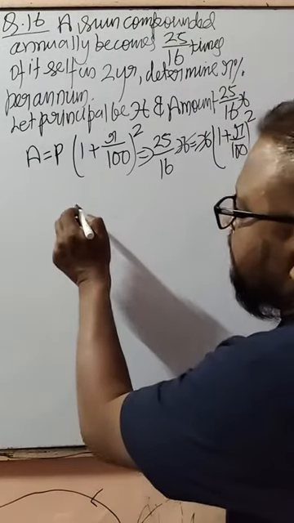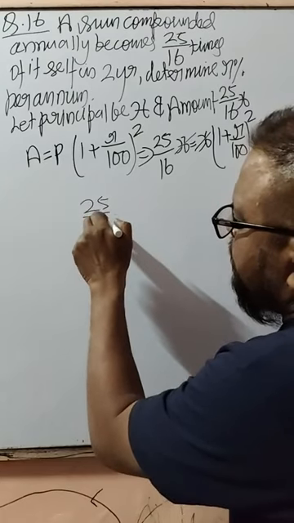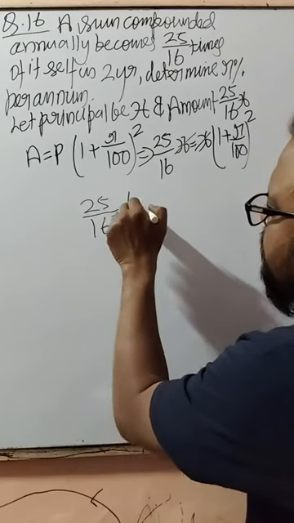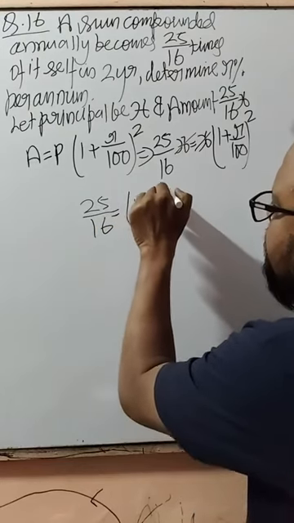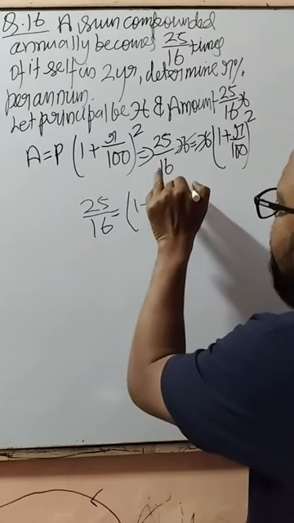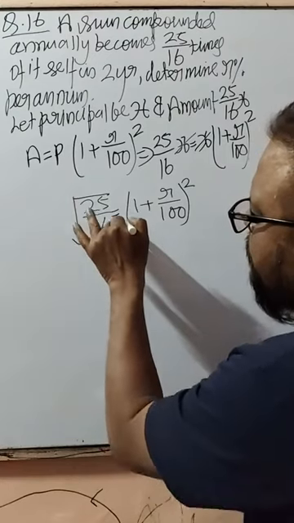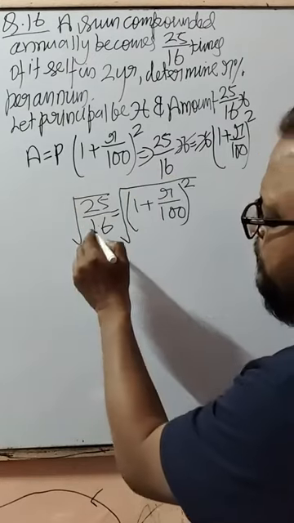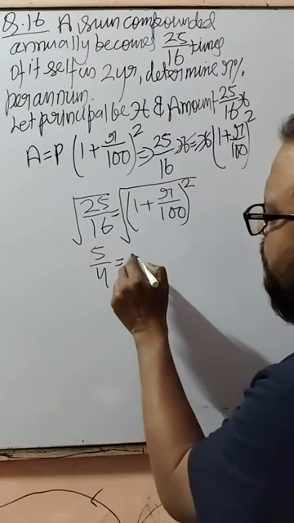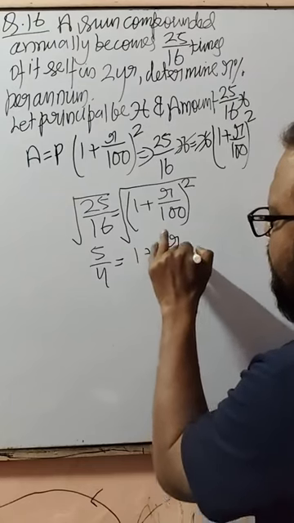And if I take 25 upon 16 is equal to 1 plus r upon 100 raised to the power 2, taking square root on both sides, it becomes 5 by 4 is equal to 1 plus r upon 100.